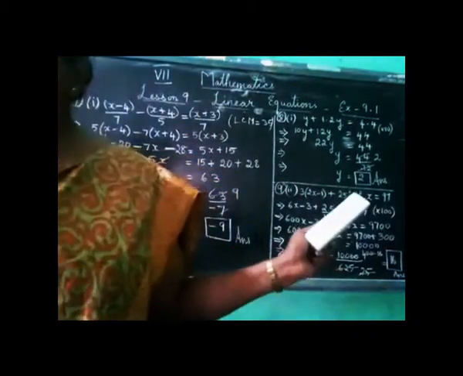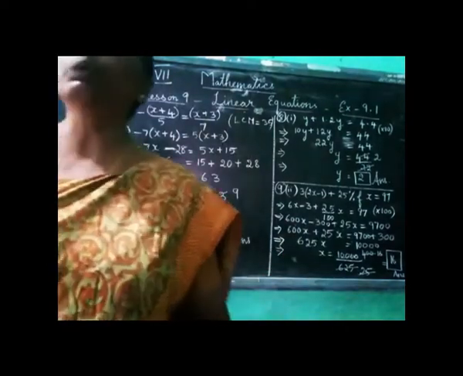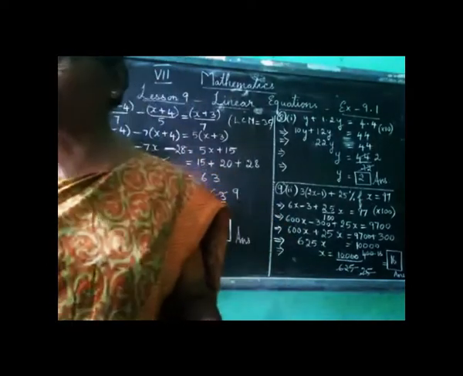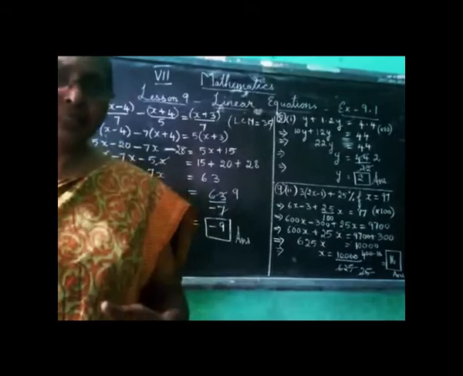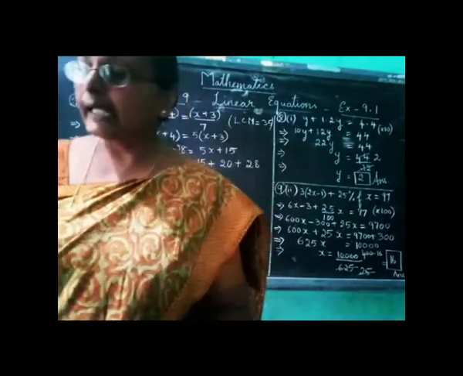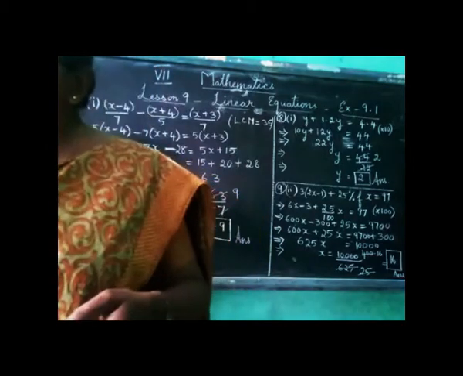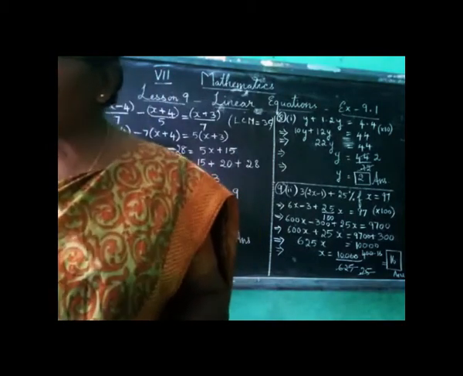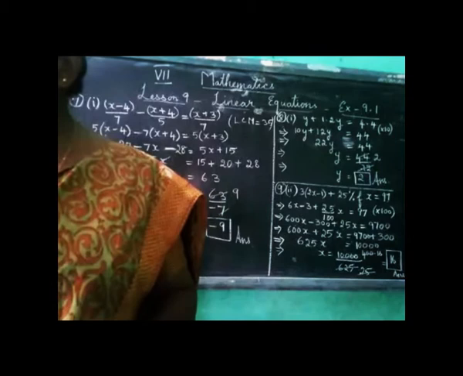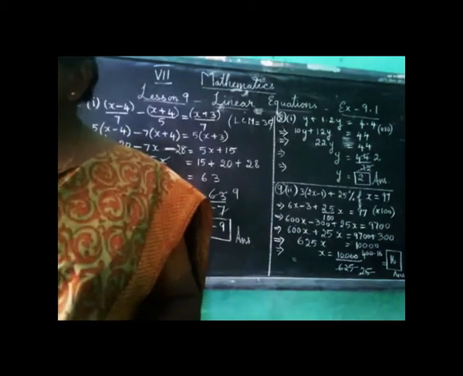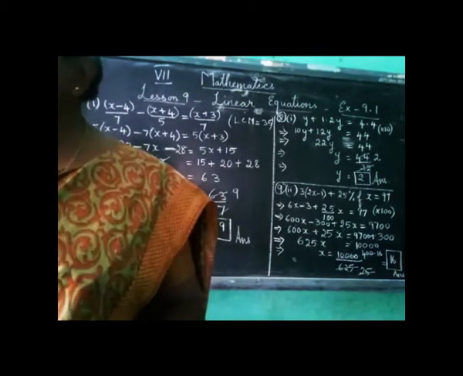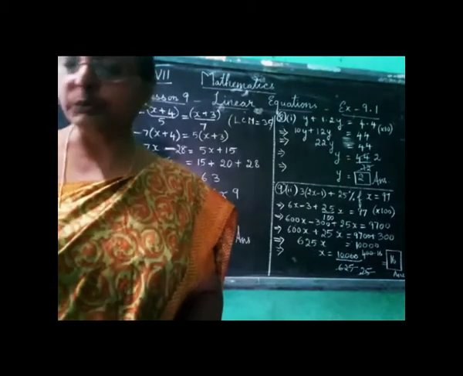Now you can see the 10th sum. I will just tell you how to do the sum and you can do it. This is not very difficult. They are asking you to find the value of p if the value of x power 4 minus 3x cube minus px minus 5 is equal to 23 when x is equal to minus 2.